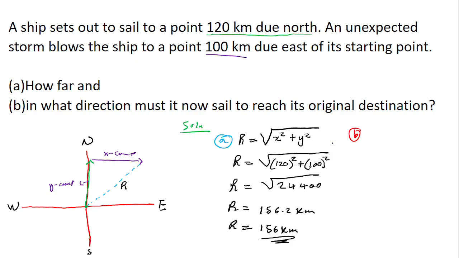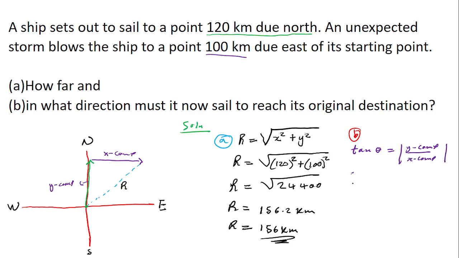Okay, we can move on. When you talk of direction, we said you just simply use tan theta is equal to the modulus of the y component over the x component.